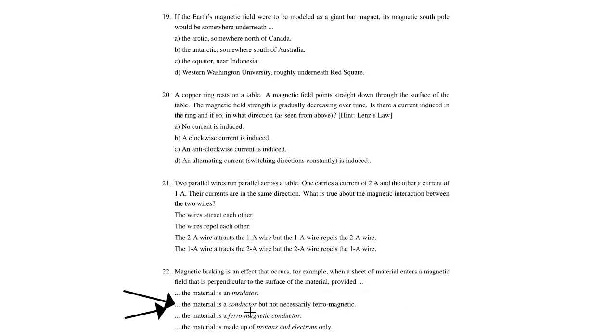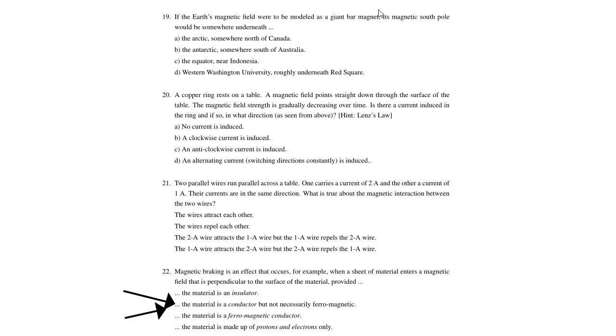But it's a conductor, so it allows electrons to flow, so you can get things like eddy currents in it. Ferromagnetic means that it gets attracted to a magnet, essentially. It gets magnetically polarized. But for eddy currents to flow, it only needs to be a conductor.